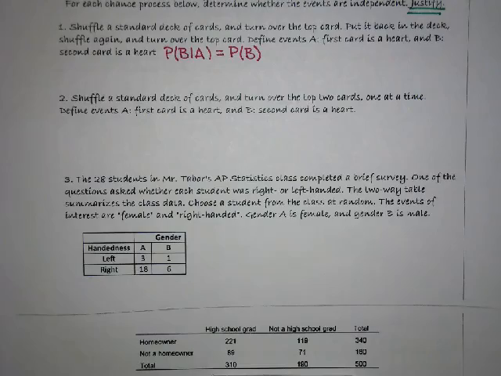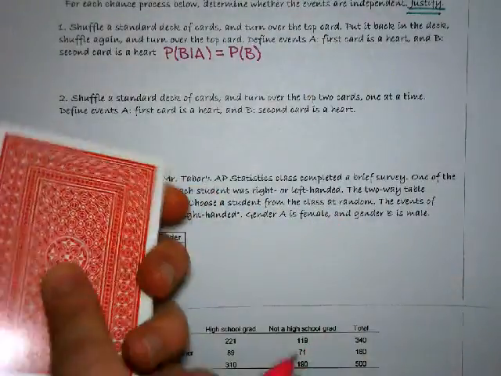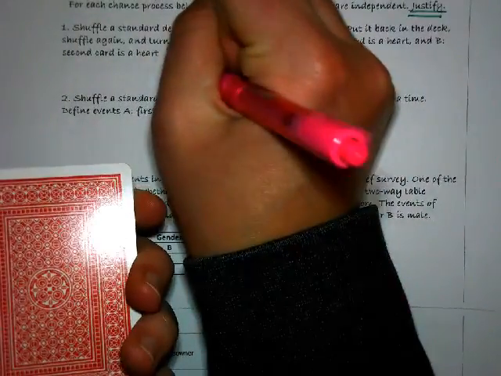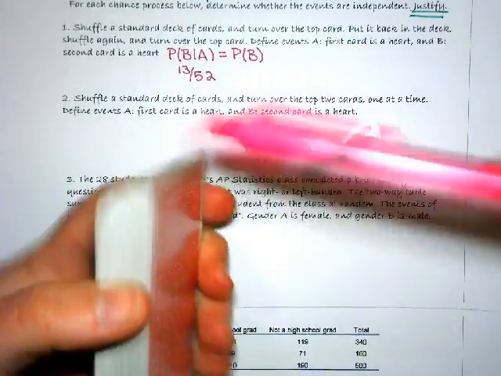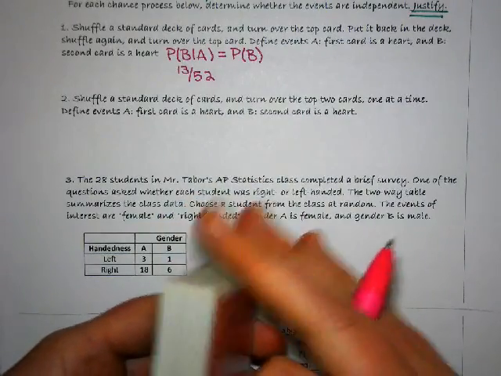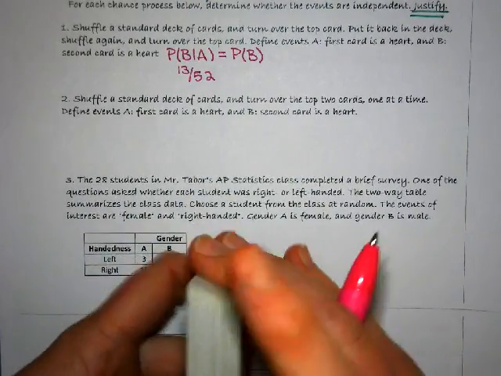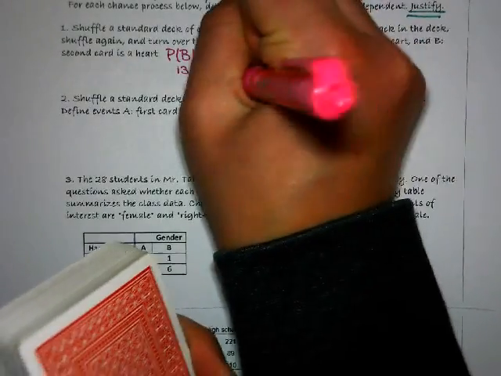All right, so the probability that this top card is a heart is 13 out of 52, even though A happened, because I put my top card back in there. That 4 of hearts went back in, which meant I still had 13 hearts, and I still had 52 cards total.